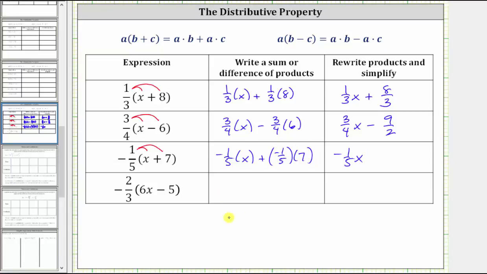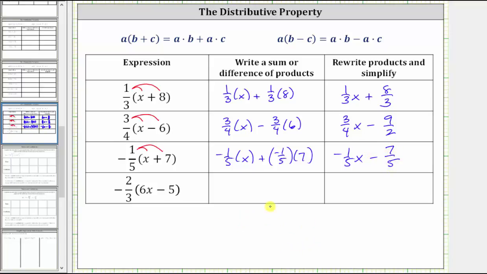Negative 1/5 times 7 is equivalent to negative 1/5 times 7 over 1, which is equal to negative 7/5. So notice how we'd have plus negative 7/5, but adding a negative is equivalent to subtracting a positive, and therefore instead of writing plus negative 7/5, it's more common to write minus positive 7/5.